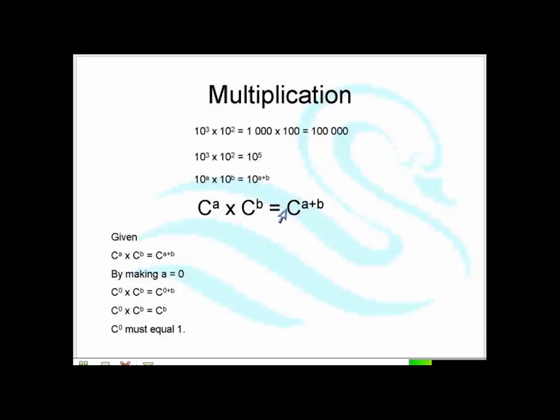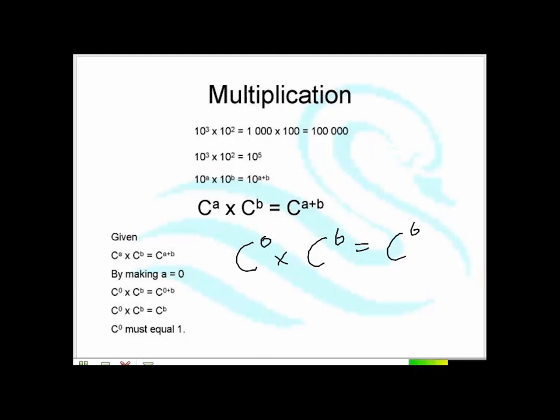That's a general rule. And down here, so that you can look at in your own time, there's a little proof that that actually applies for everything. Because the only way that this equation can work, if you look at it, I've got c to the power of 0 times c to the power of b equals c to the power of b.